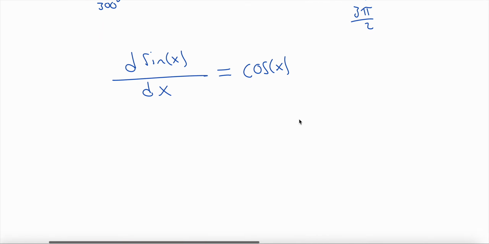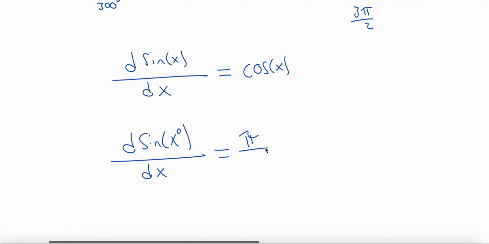But if we take the derivative of sine of x and we're using degrees, then we're going to have to bring in the conversion factor, and it's going to actually become pi over 180 times cosine of x. And these conversion factors will pop up everywhere, making calculations less efficient.